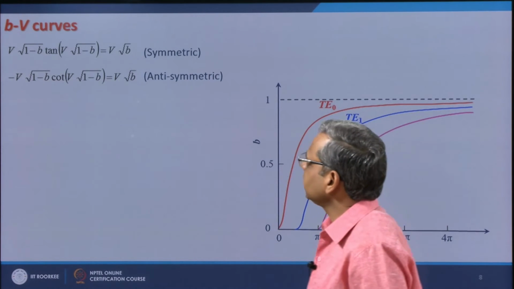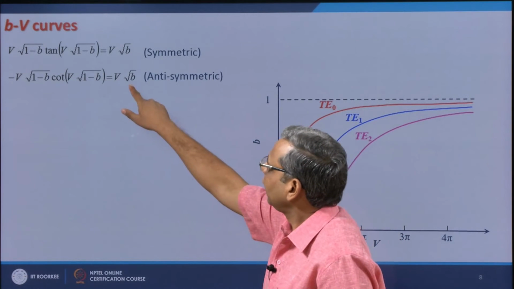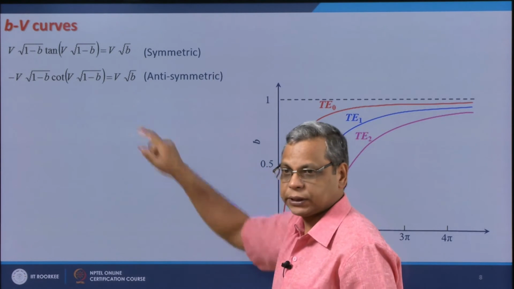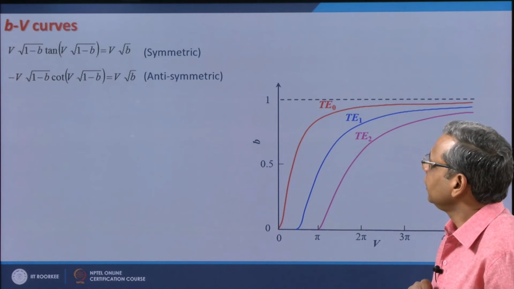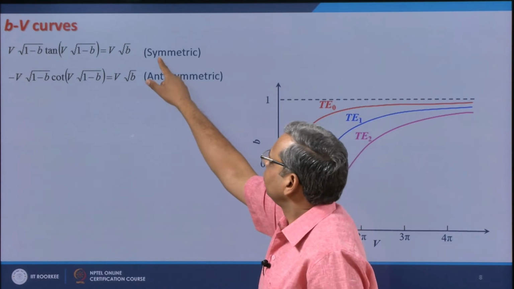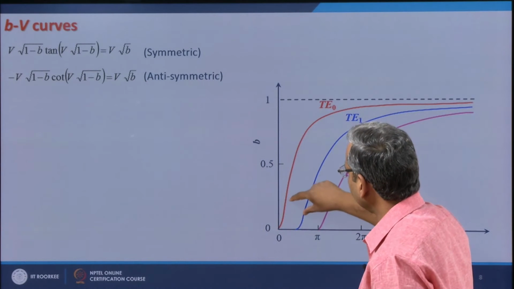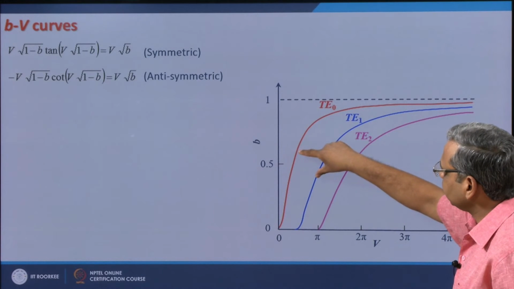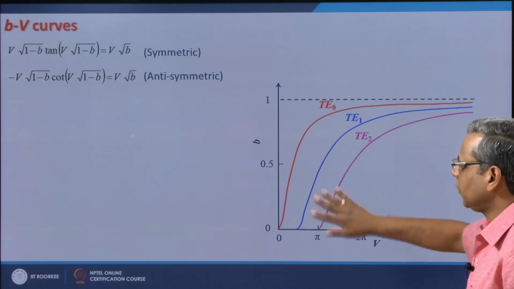As soon as the value of V crosses pi by 2, one root starts appearing from this equation, and up to pi I will get one root from here, one root from here. I keep plotting them, and as I further increase V, more and more roots start appearing and I plot them.